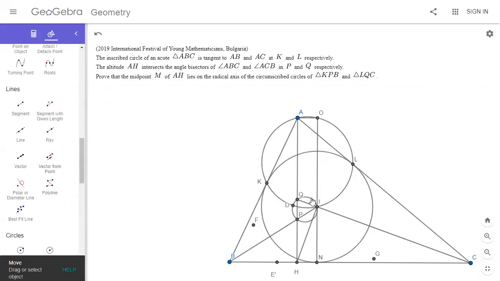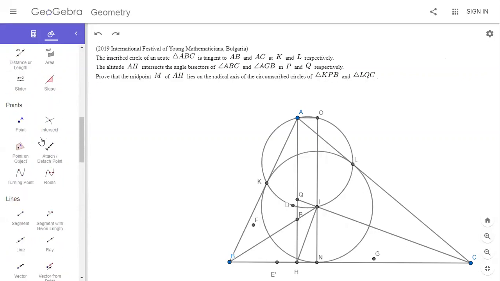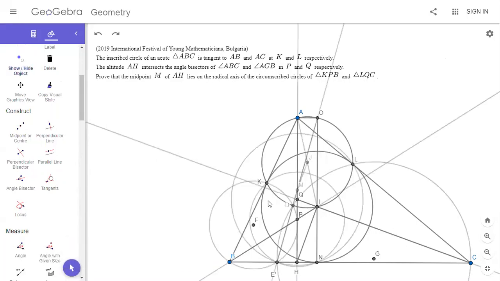I agree. But we will need D later because we would like to prove that O, D, E prime are collinear. Okay, I'm going to hide it for now, but I'm going to bring it back later.